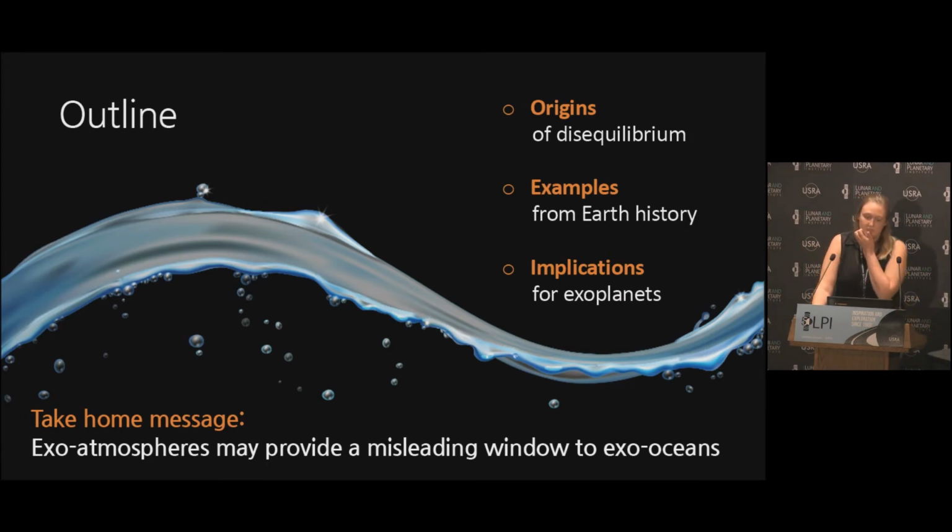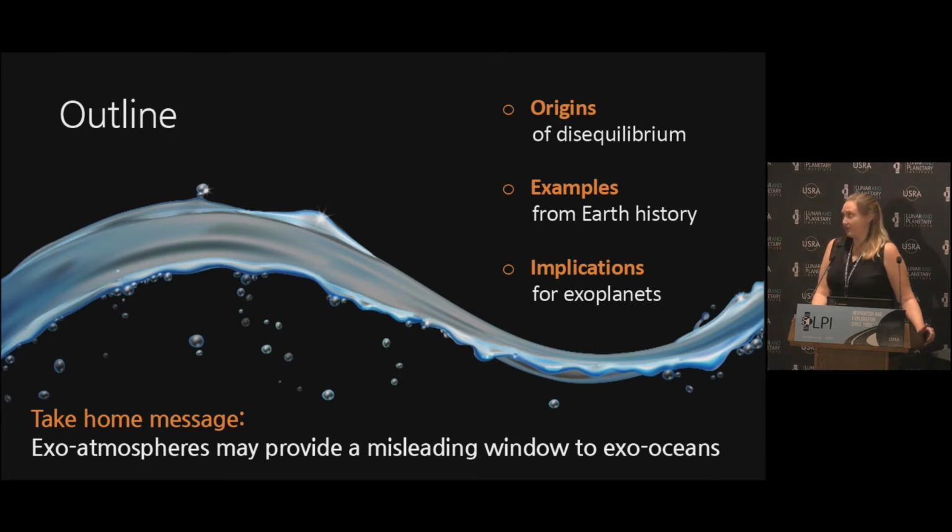Okay, so here is the outline of the rest of the talk. I've already introduced some of the primary controls on ocean chemistry and highlighted some of the reasons that the ocean might not chemically resemble the atmosphere. But I'll further explore those issues with some examples from Earth's history.